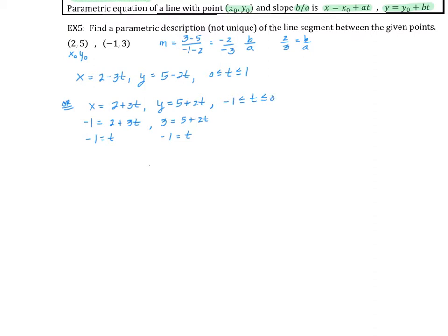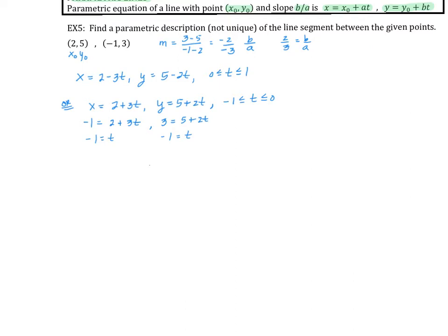So you see, because I got rid of the negative in the top and bottom of my slope, that means that I would have to add the negative into my t values, which is typically why, if you're talking about lines, you want to keep the slope exactly as you see it. You don't want to reduce it or change it in any way, especially if you're specifically told a direction that you need to go to.